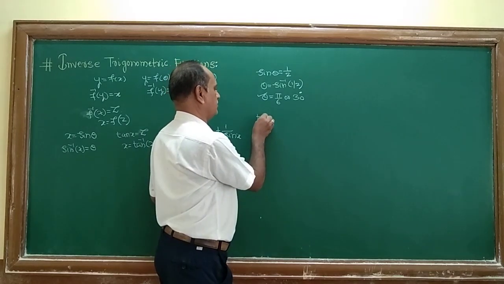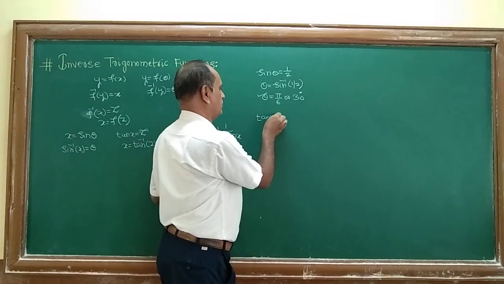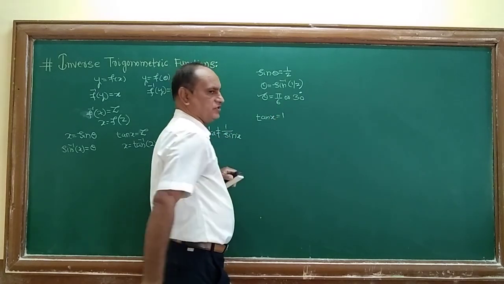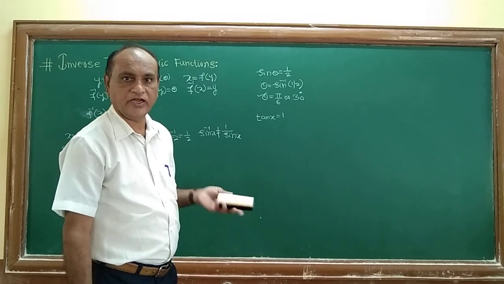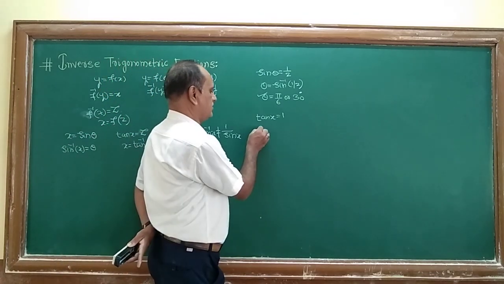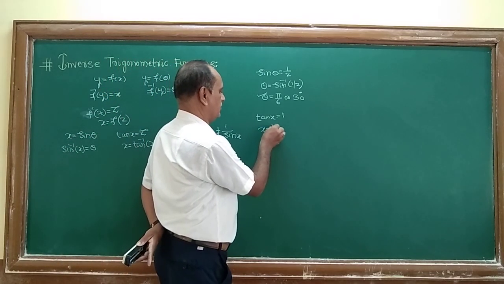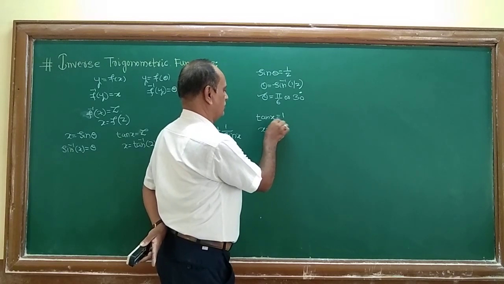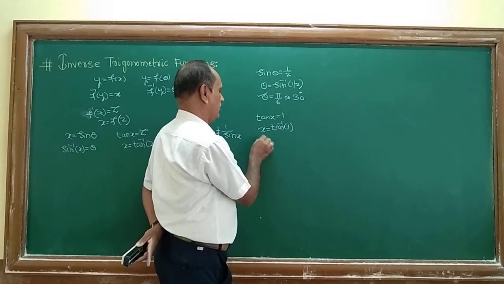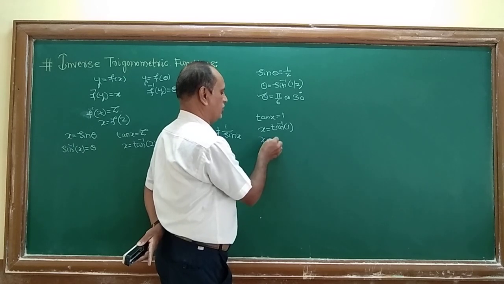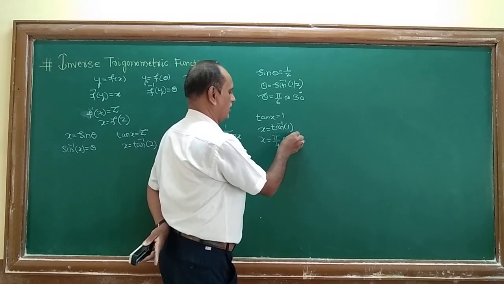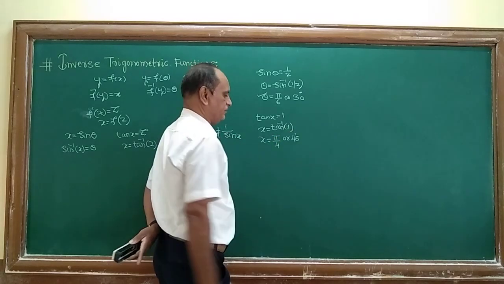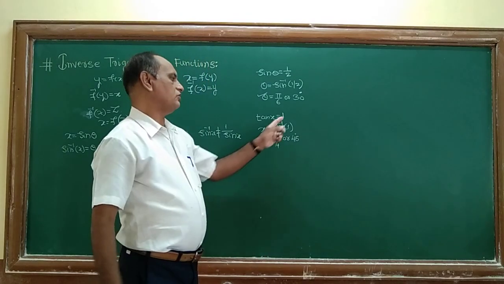Suppose tan x is equal to 1. This is simple. They ask you to write its range or principal value branch. Therefore x is equal to tan inverse of 1. Tan inverse of 1 means the angle whose tan is 1, that is 45 degrees. So tan x is equal to 1.